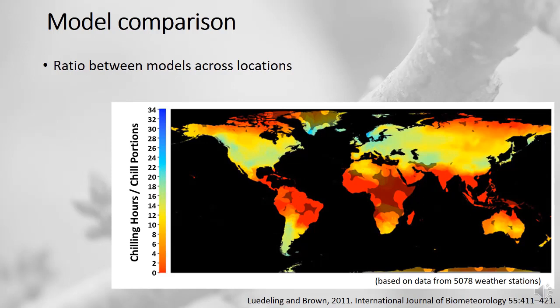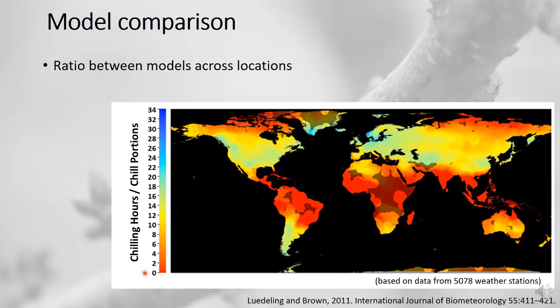So what is shown here is a calculation of such ratios for a set of more than 5,000 weather stations, and then I made a map of this for the whole world. So here we see chilling hours divided by chill portions. And as you can see, the range here is enormous.